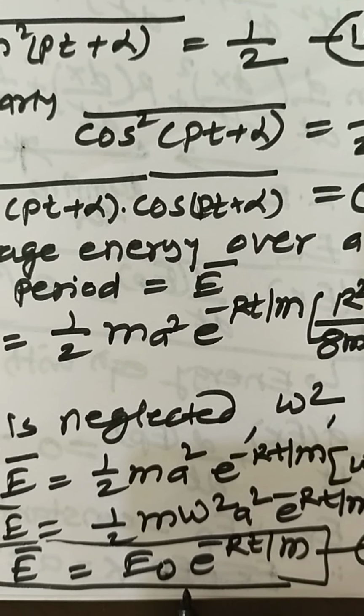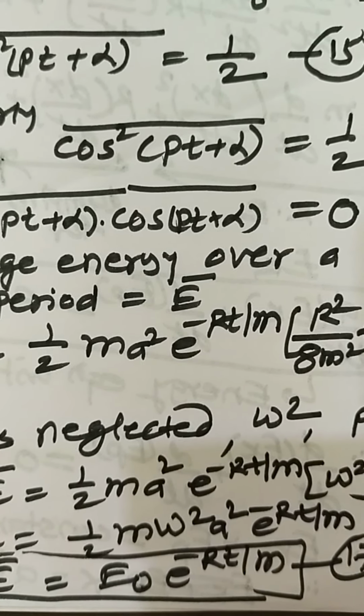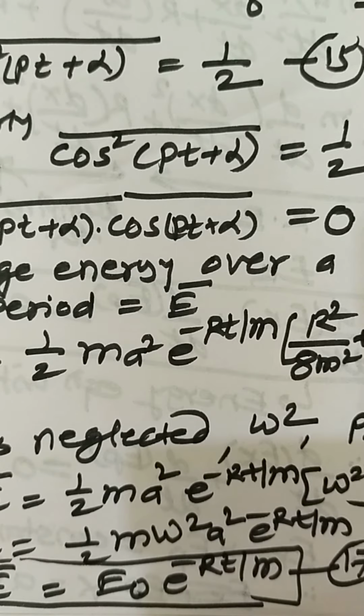This is the average energy of an oscillator, which decreases exponentially.